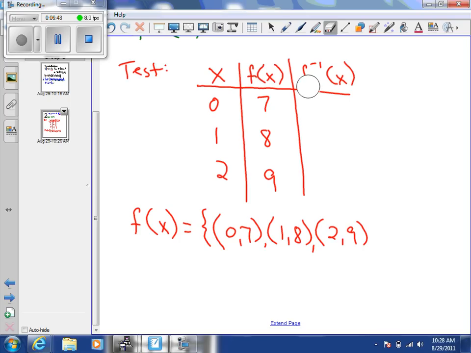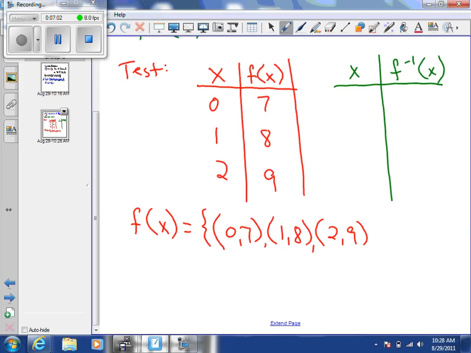So I'm actually going to make a separate table, over on the side, for the inverse function. I want to demonstrate that these ordered pairs down here are in fact just reversed.